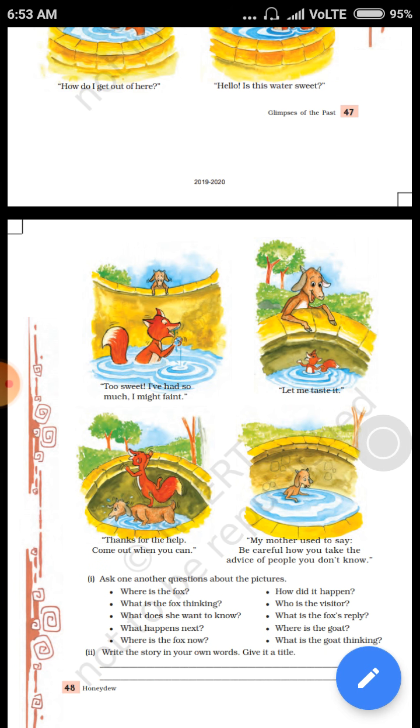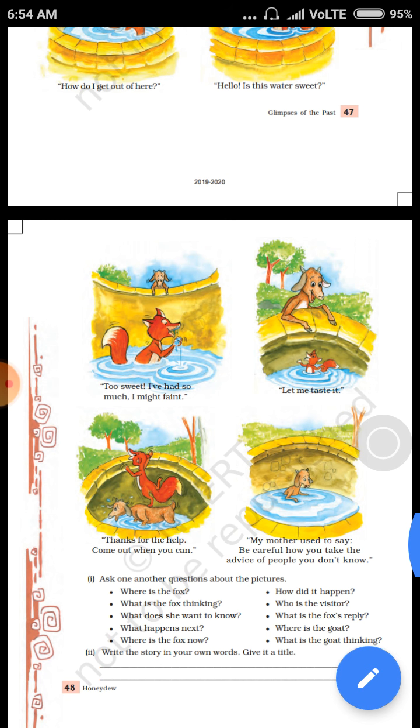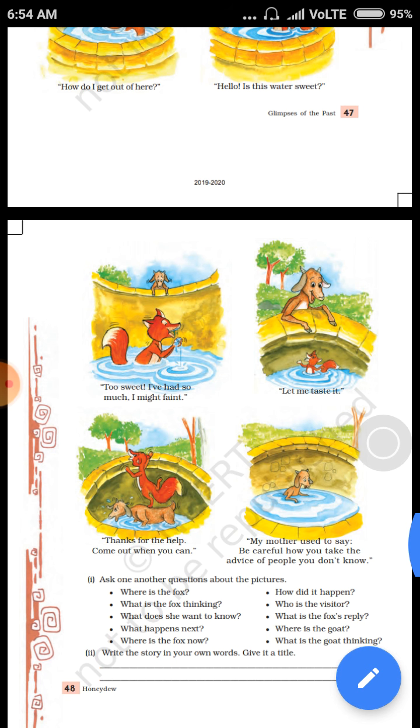Now you can see, all the questions and answers are there in your mind. It means you understand the picture.